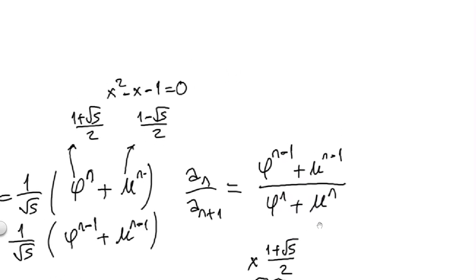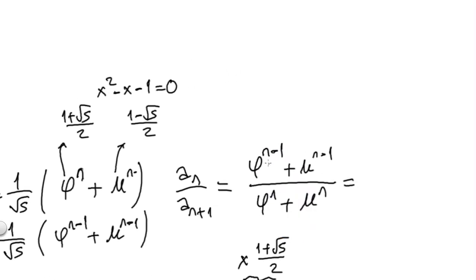Okay. Here I can take phi out of parentheses on both sides, because here it's actually a limit, and mu is just less than 1. If you look at this thing, it's just less than 1.